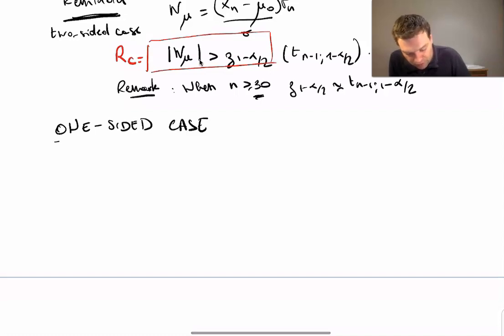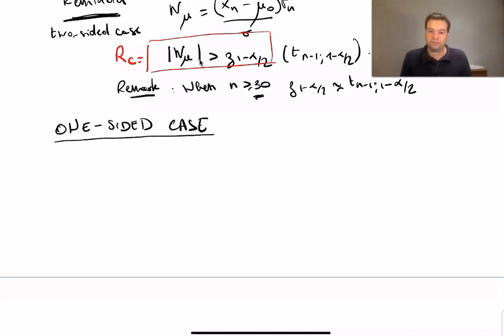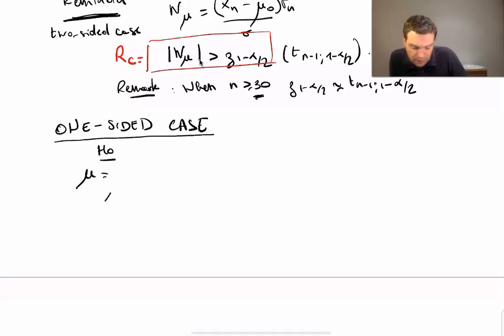I'm sorry, I'm going to do it better like this. In the one-sided case, what happens? We said, okay, we can have under the alternative something like this: mu equals mu naught under the null, and under the alternative, for example, mu strictly larger than mu naught. This is a one-sided test.